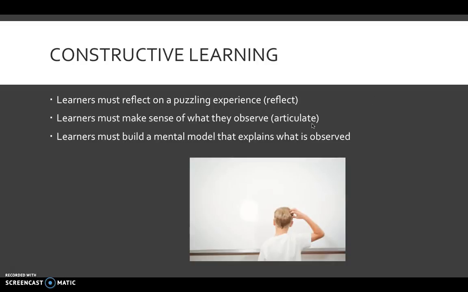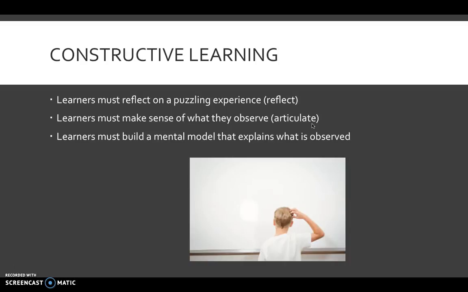Within constructive learning, these are some of the definitions of that type of learning. Learners must reflect on a puzzling experience, and that's the reflection part of it. They must think about it a little bit, figure out what's going on, and they must make sense of what they observe, and that's the articulation part. That means they actually have to explain what they observe, like, here's what I think is going on. And then learners must build a mental model that explains what is observed.